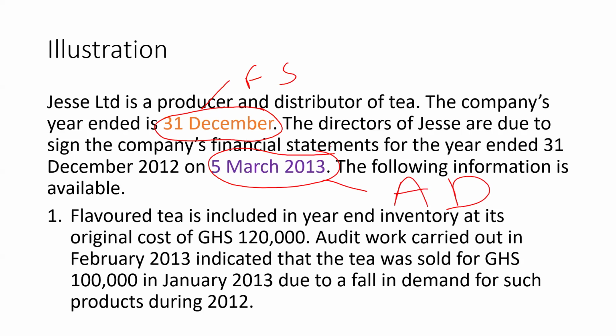So events between the financial statement date and the authorization date will become the events after reporting period. So please, in any question, identify these two dates. If you're unable to identify them, don't worry yourself to even read the additional information.